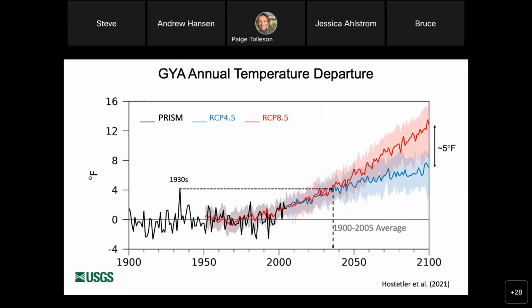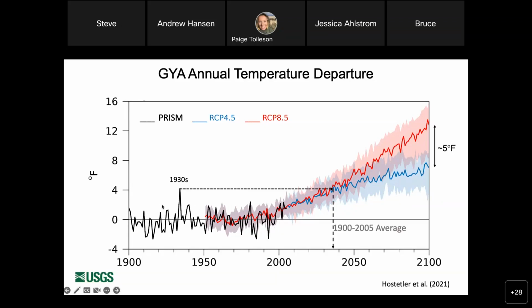So this is a plot of the GYE annual temperature departures from our assessment, and what I'm showing here in black is the PRISM data. So these are observations over the period of record through about 2005.